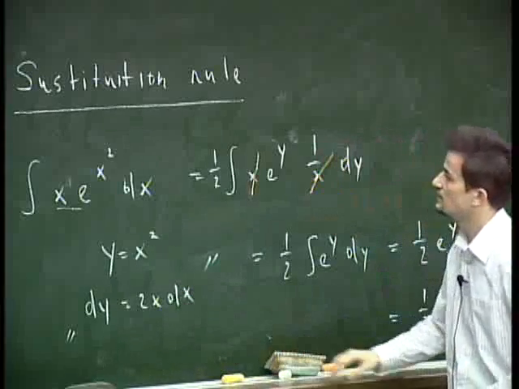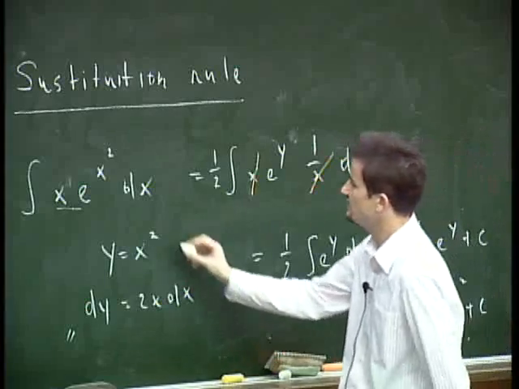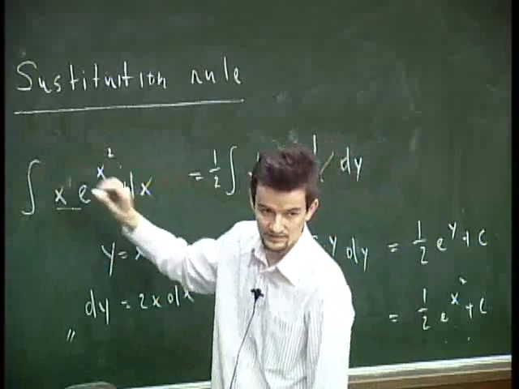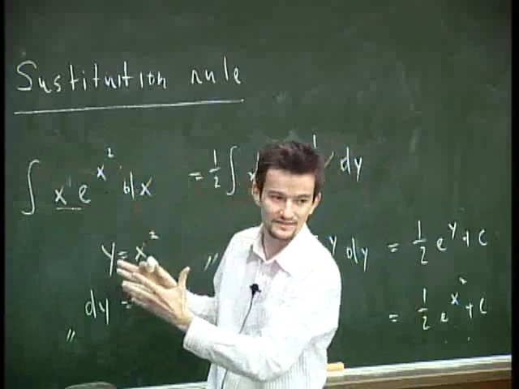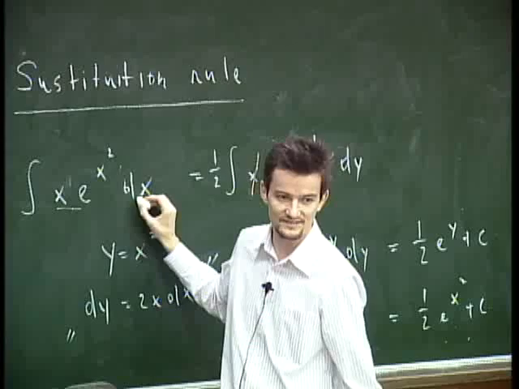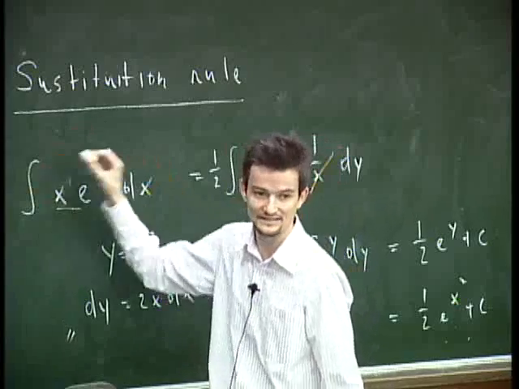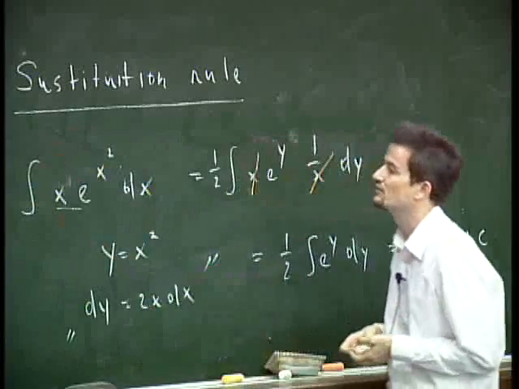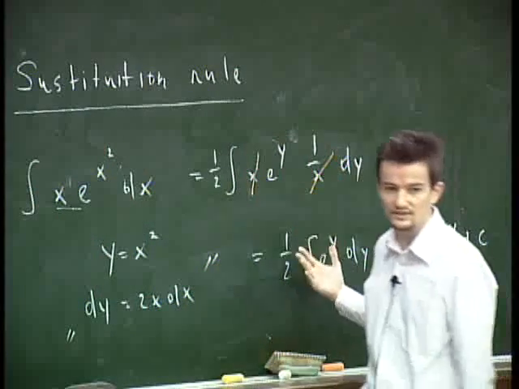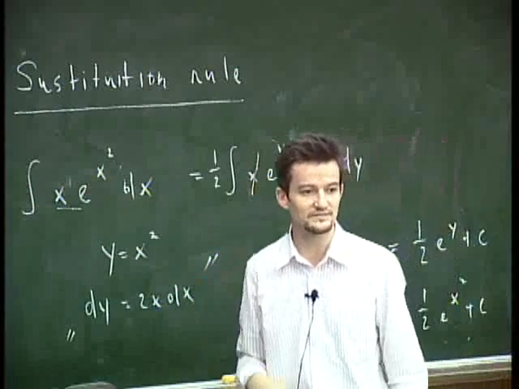And also to plug this into this dx doesn't make any sense because this is a symbol. This dx together doesn't have any meaning. We just write everything like this. So this is just notation, okay? But still, this somehow works, which is quite surprising.